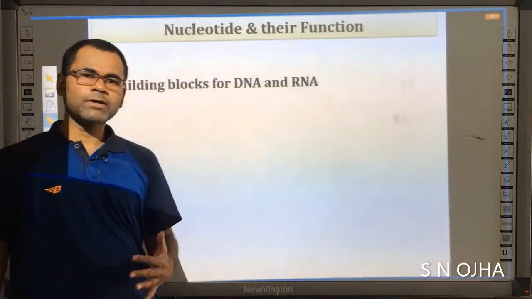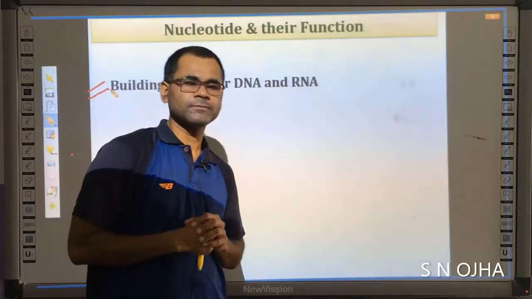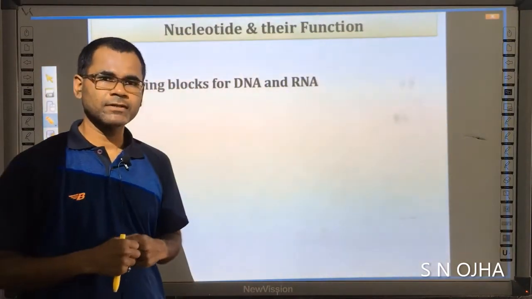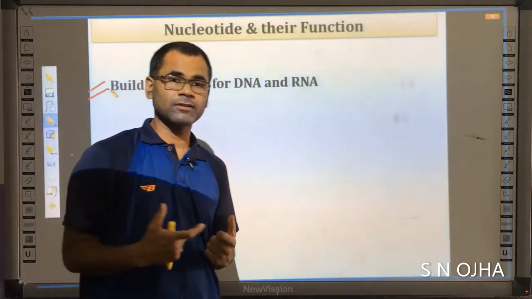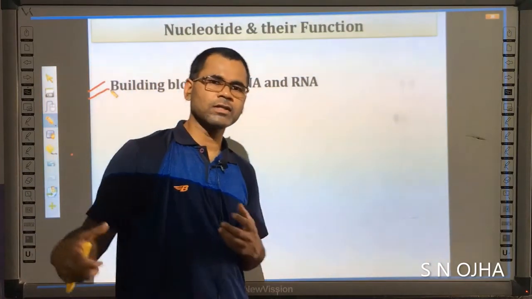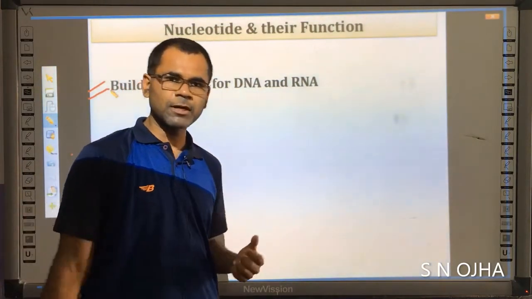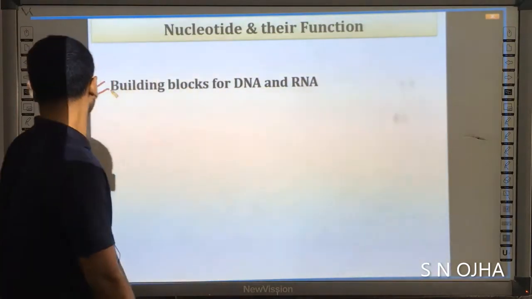If you see the biochemical structure of DNA and RNA, it is made up of various types of nucleotides: adenosine triphosphate, guanosine triphosphate, cytosine triphosphate, uracil triphosphate, thymidine triphosphate. These are all the nucleotides acting as building blocks for the biomacromolecules, that is DNA and RNA.